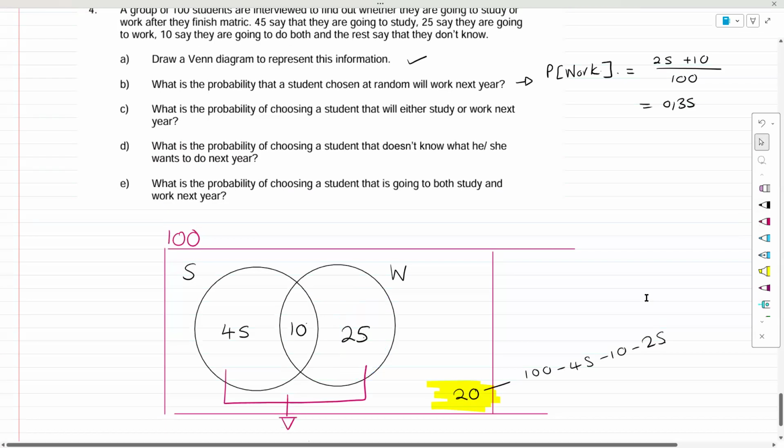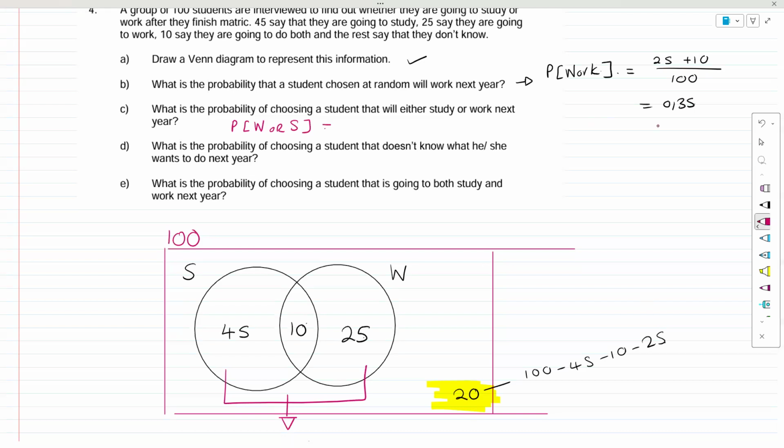It's every single person that wants to be a part of this. So the probability of work or study would be equal to 45 plus 10 plus 25 divided by 100. And this should be 25, 65, 80, 0.8.